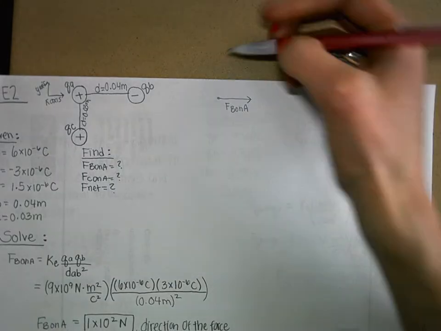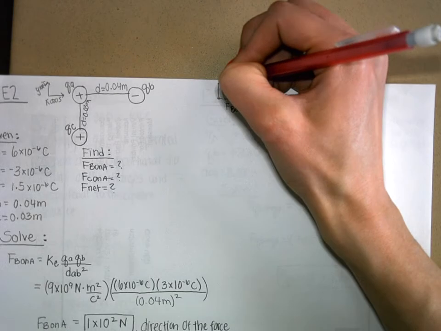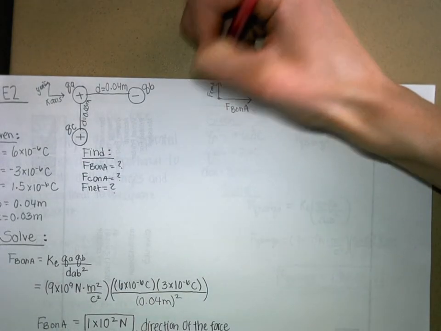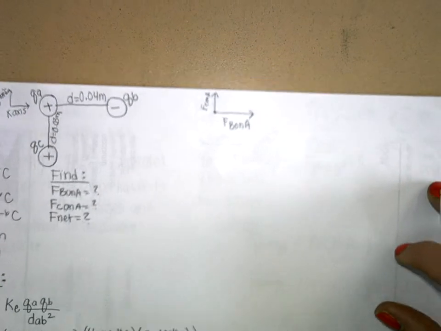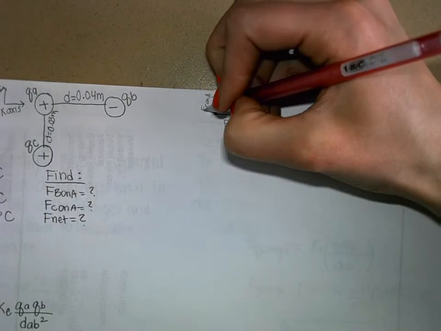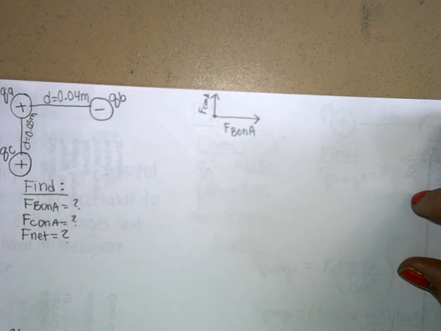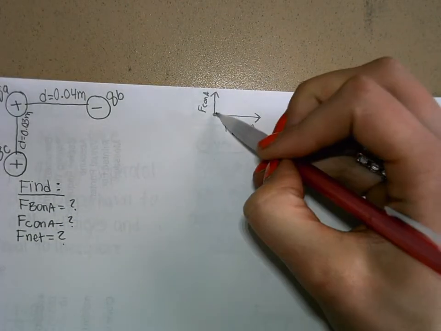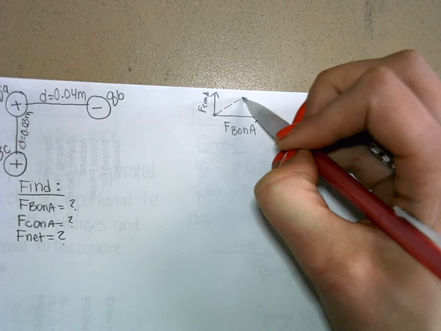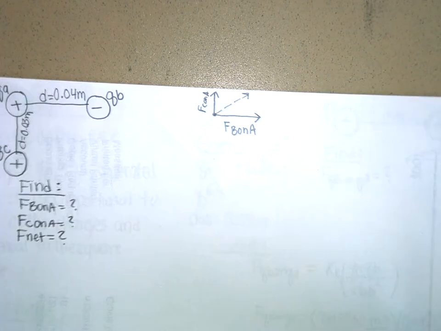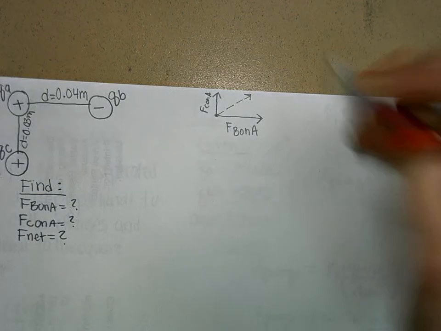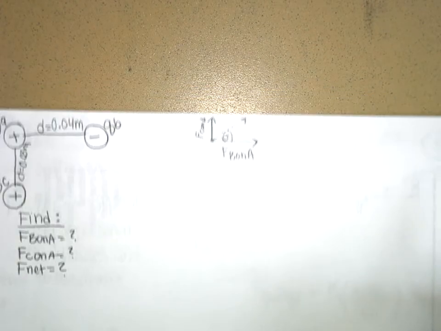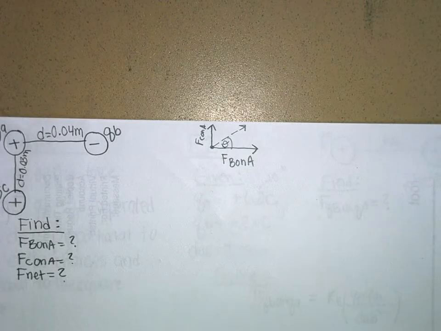And force of charge C on charge A is up. So when you add vectors together, our net force is going to end up being somewhere in between these two. So there's an angle here that we're going to need to find. And how can we find that? By using the tangent function.